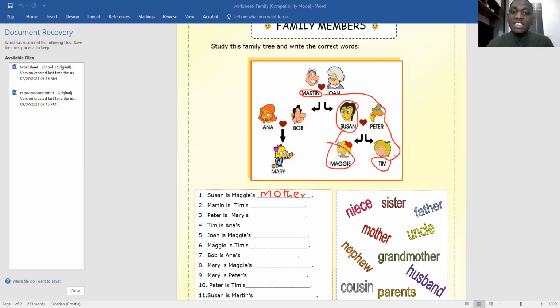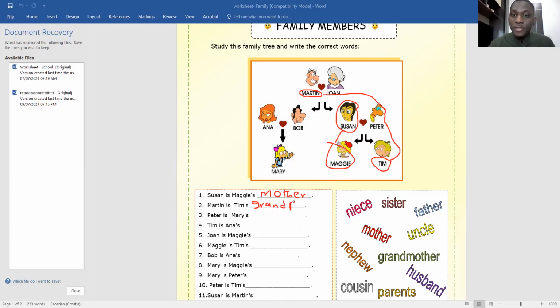Martin is Tim's what? Tim's grandfather. Oh, Martin is Tim's grandfather, right? From the family tree, you can read. Martin is Tim's grandfather. Good.